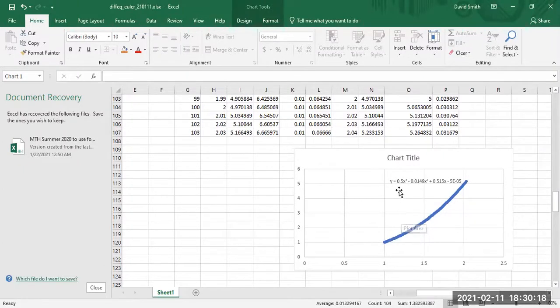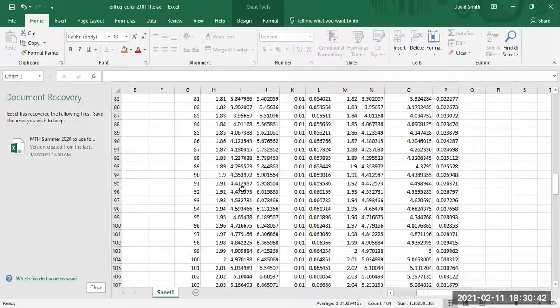And what you've got here is 0.05x cubed, that's your 1/2 x cubed, and then minus 0.0149x squared, and then 0.515x, and then minus 0.00005.